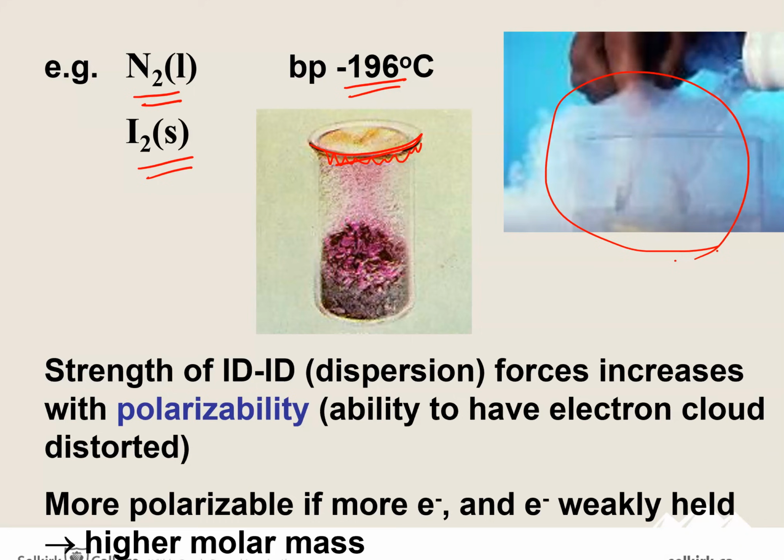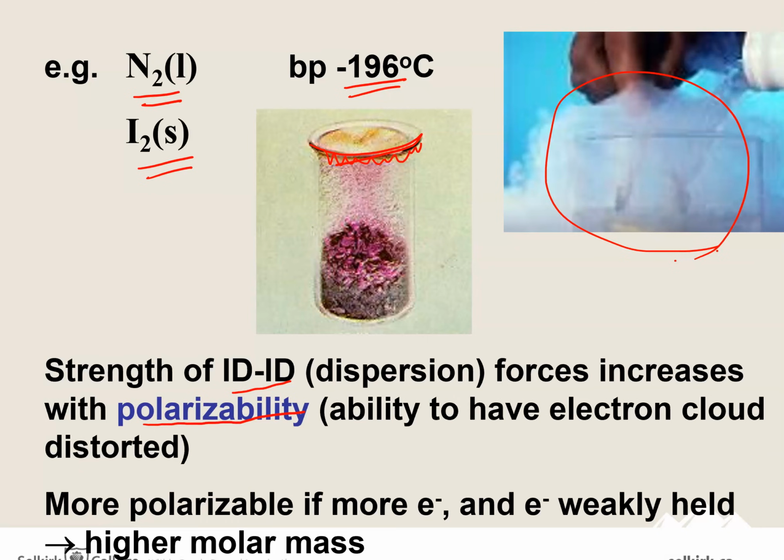The strength of the induced dipole, or dispersion forces increases with not polarity, but polarizability. Remember, we have to make these temporary dipoles to distort the electron cloud just a little bit so that one end has a bit more electron density and the other side has a little bit less.